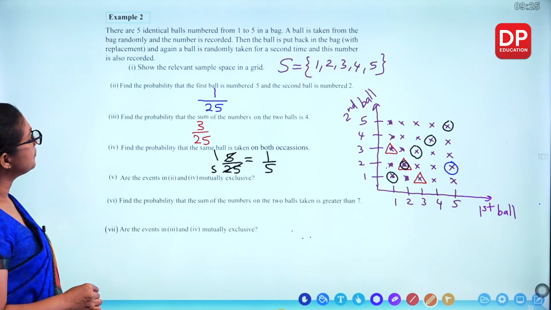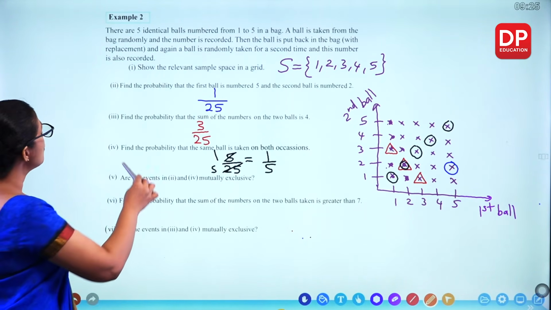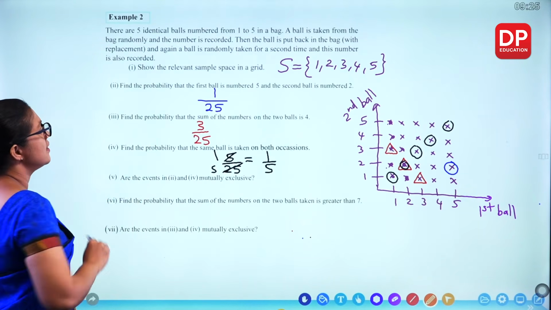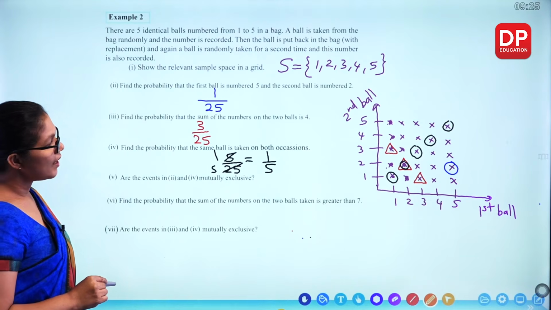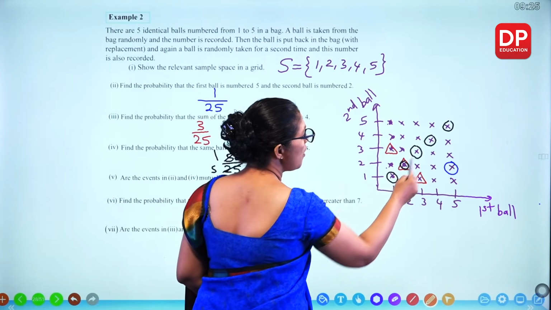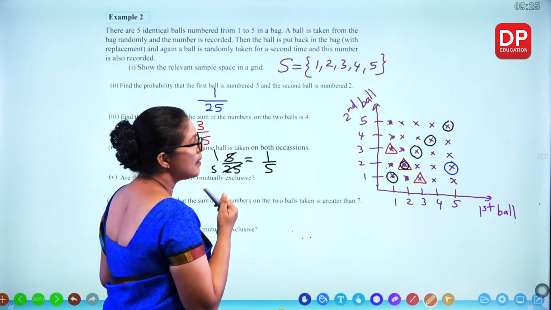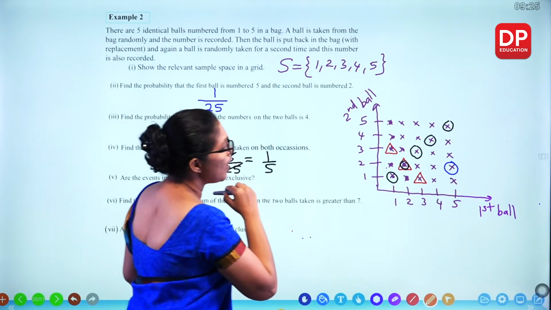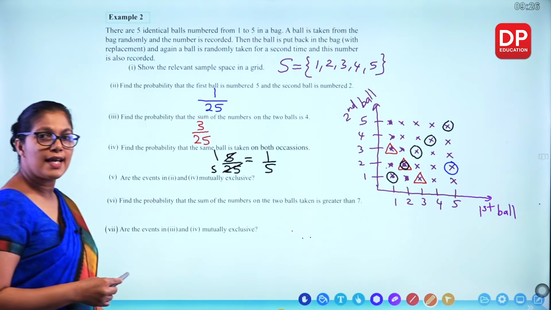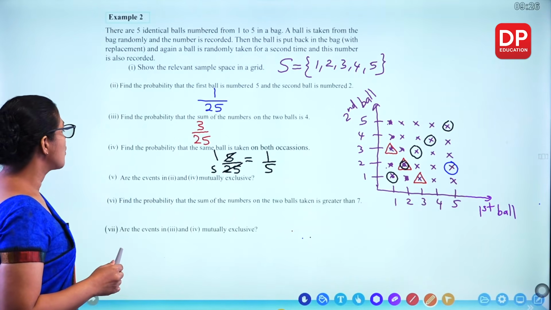The next one, are the events in 2 and 4 mutually exclusive? 2 and 4. That means blue one with black one. Are there any common terms? Blue one with black one. There are no common terms. So what can you say? Mutually exclusive.